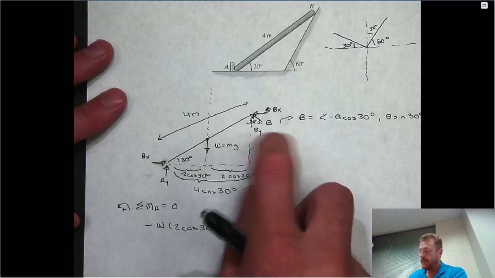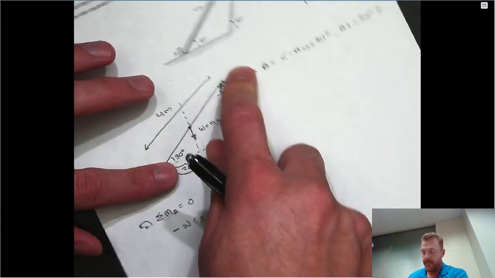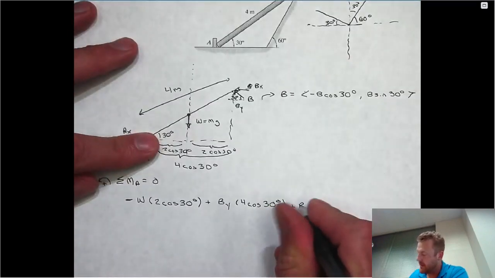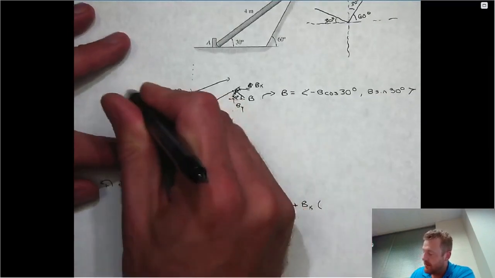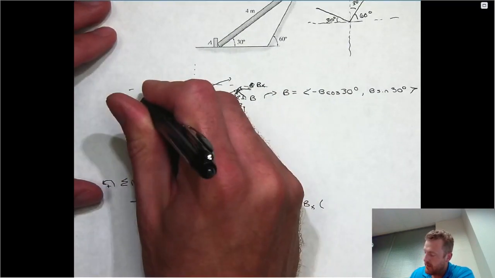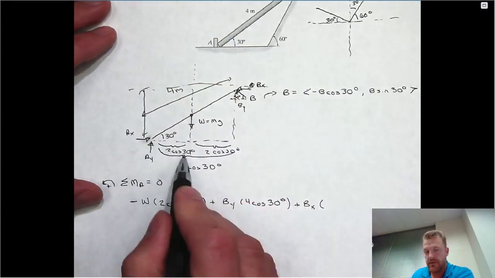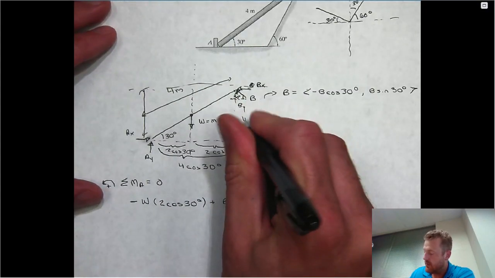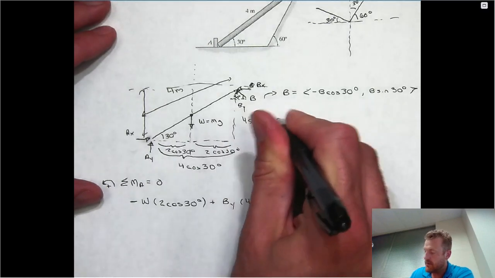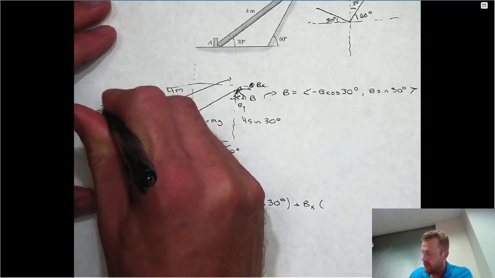And then let's take care of Bx. If you pin at A and push in the direction that we're assuming Bx is going, that will also be a counterclockwise rotation. So I'll say it's plus Bx. And if you think about the perpendicular distance from its line of action, it's just going to be this dimension that we have here, which is not 4 cos 30, but 4 sine 30, which is also equal to what I have here.